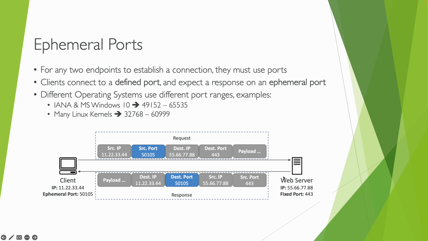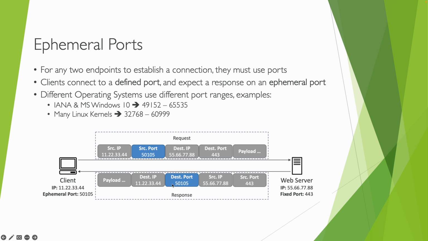Then the web server processes the request and sends the response. In the response headers, the web server sends the destination IP it needs to send the response to, the source IP, the port on which it received the request, and the port to which it needs to send the response.